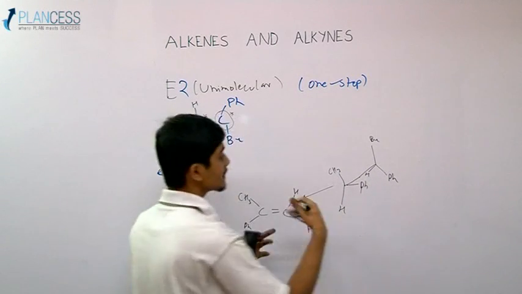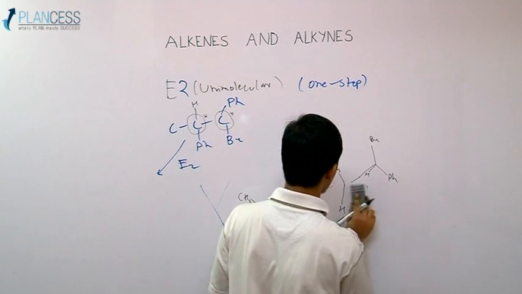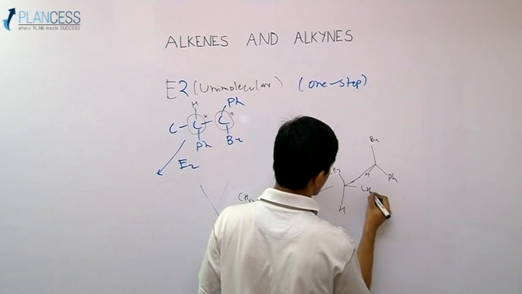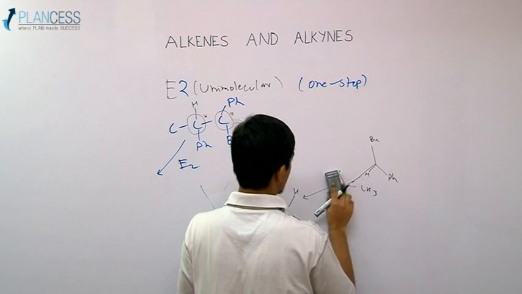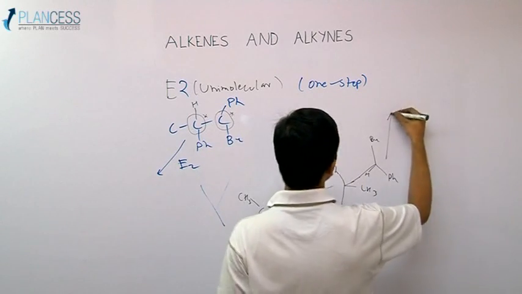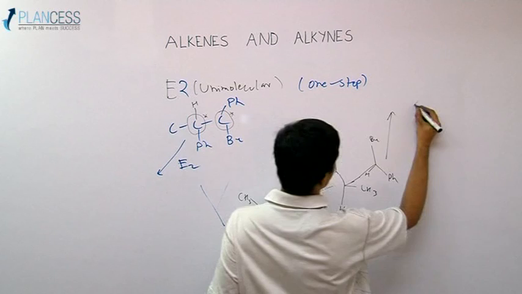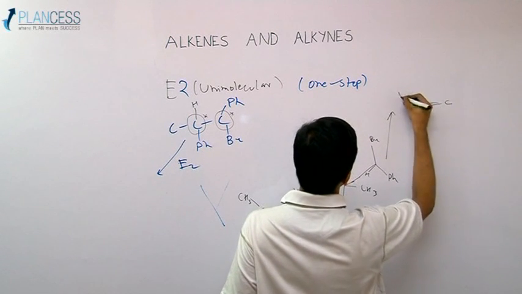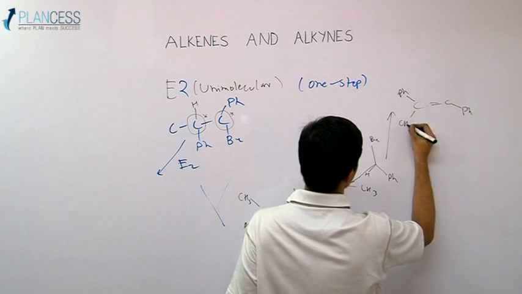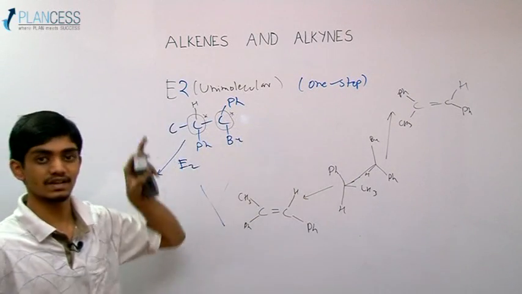So if you take a diastereomer of this, for example, if we have pH over here and CH3 over here, pH over here, CH3 over here, now if you do the E2 elimination for this, what is the product that you get? The product you get is pH like this, pH like this, CH3 like this, and H like this. So now you get a trans product.